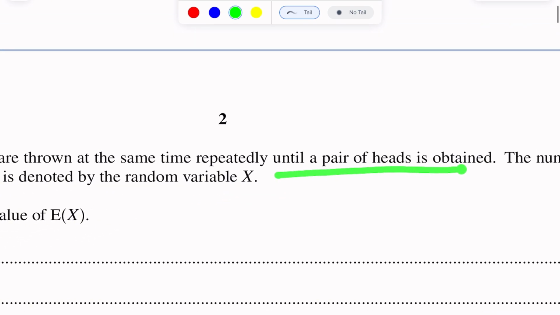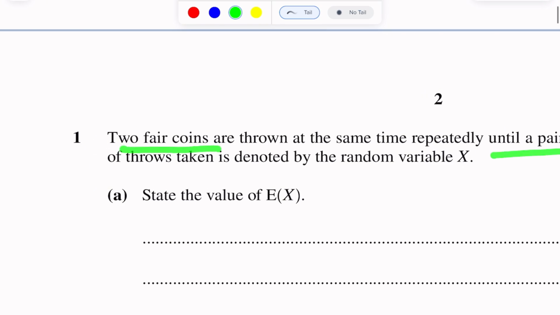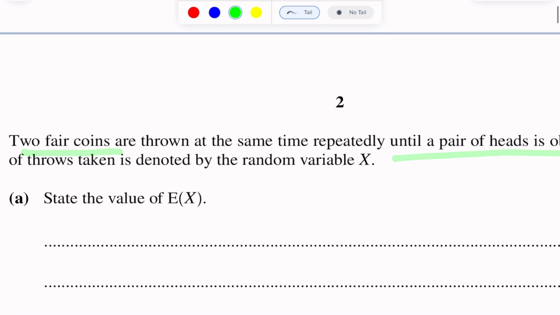We have two fair coins. Success is a pair of heads, meaning on both coins there comes heads.